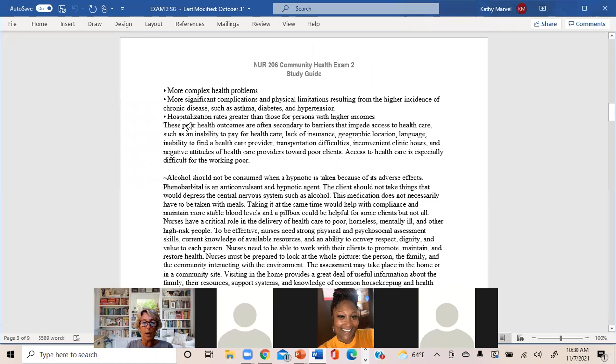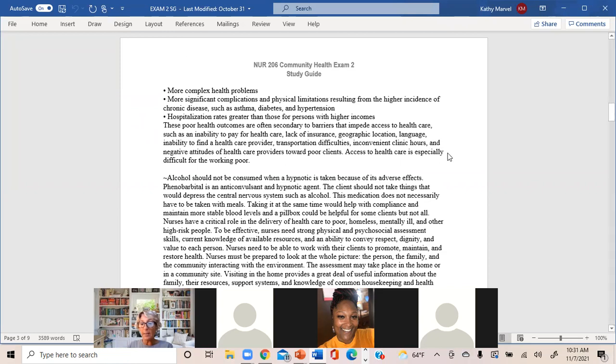So we know that the poor health outcomes are often secondary to barriers that impede access to healthcare, such as inability to pay for healthcare. We're still talking about poverty. Okay, inability to access healthcare, lack of insurance, maybe language barriers, transportation, negative attitudes from healthcare providers towards clients, right?